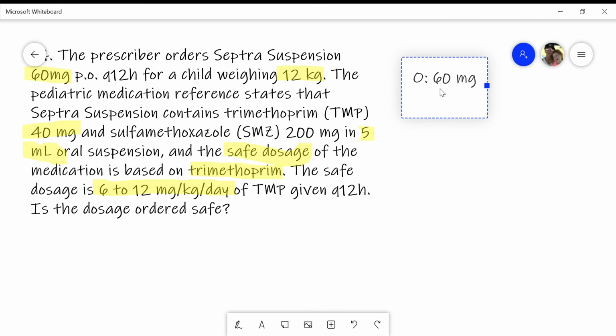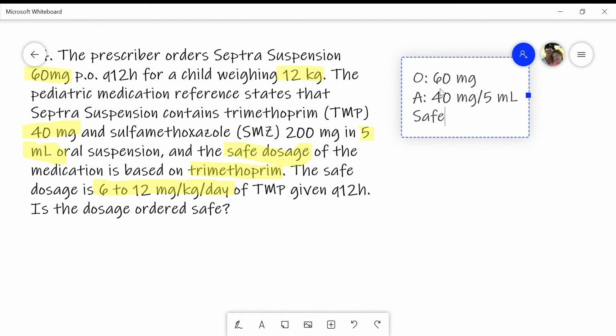Our available, well, our safe dose, no, excuse me, I'm sorry. Our available is going to be 40 milligrams in 5 milliliters.